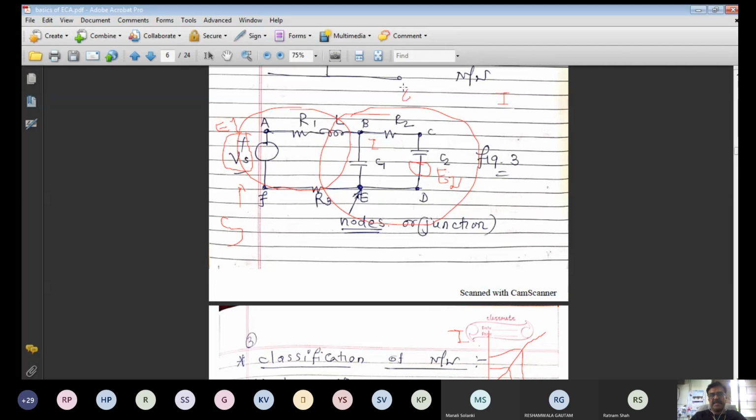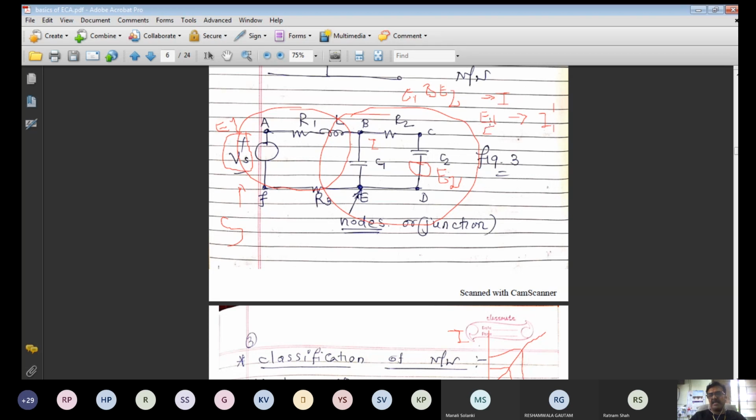With E1 and E2 both, I'm getting the response, say I. Now with E1 only, I'm getting the response I1 dash, with E2 short circuited.